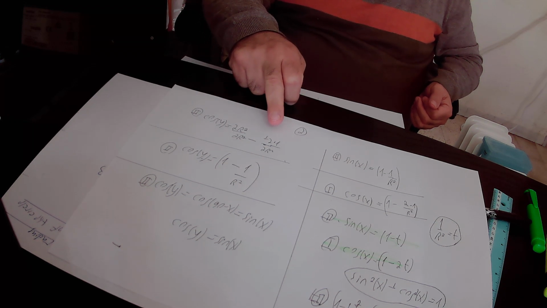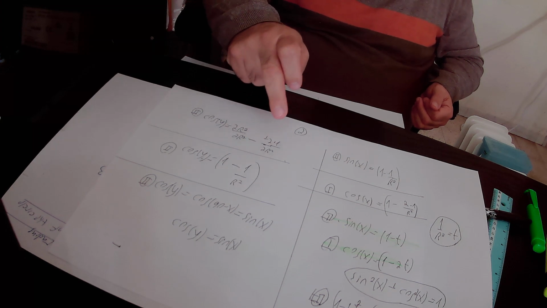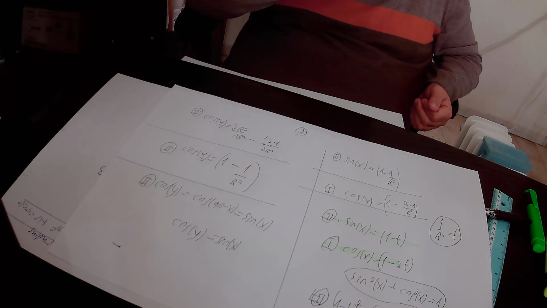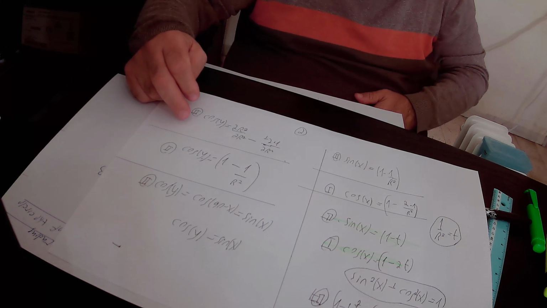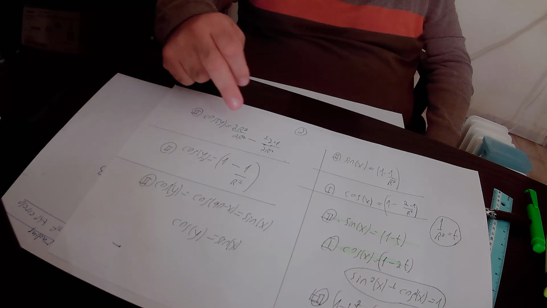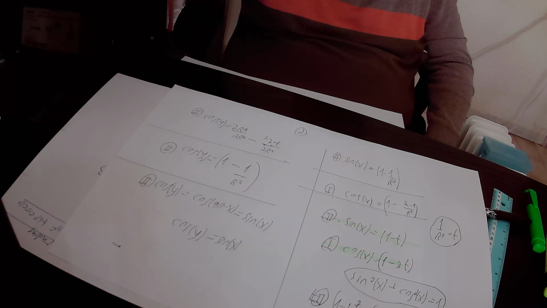Minus 2 over 2 is minus 1. So in the numerator we have minus 1, in the denominator we have r squared.